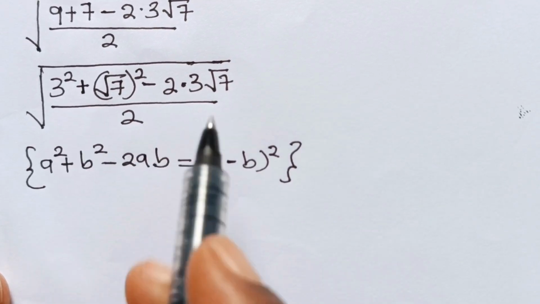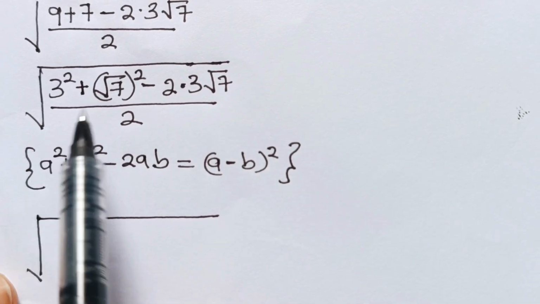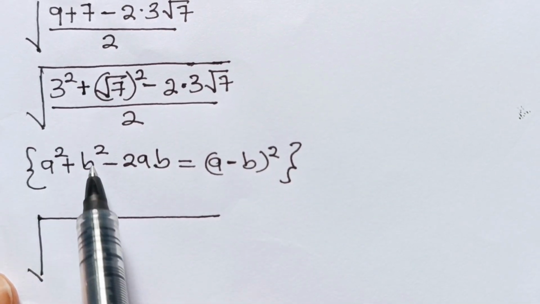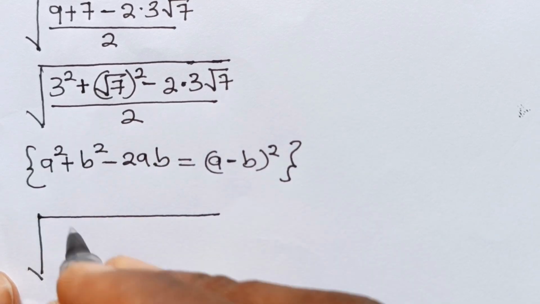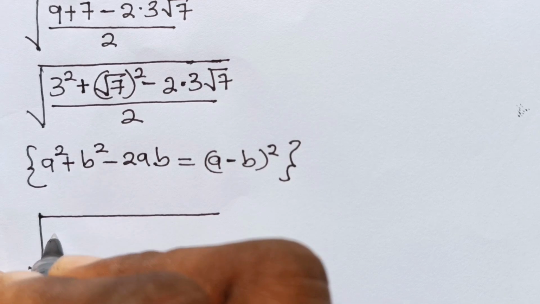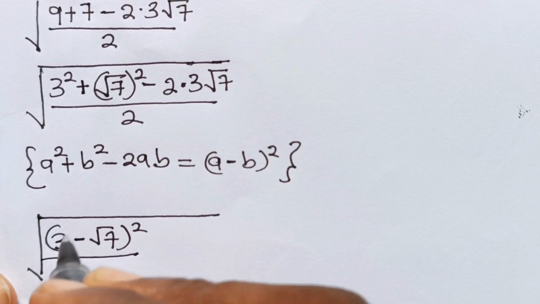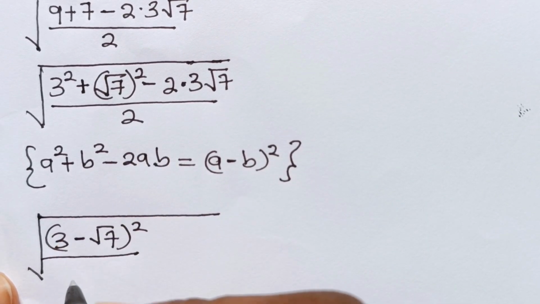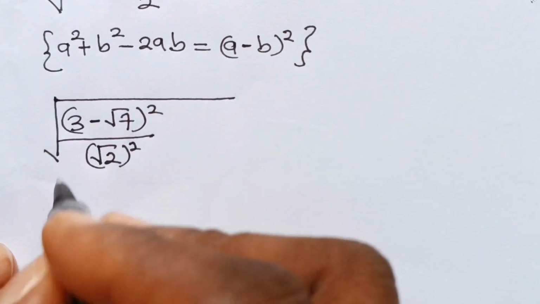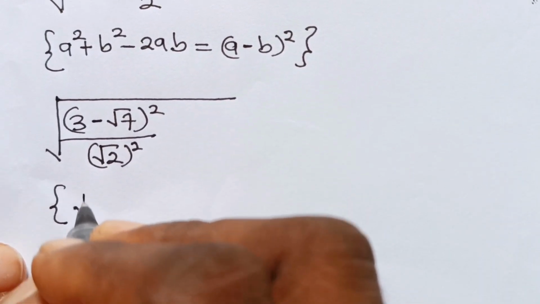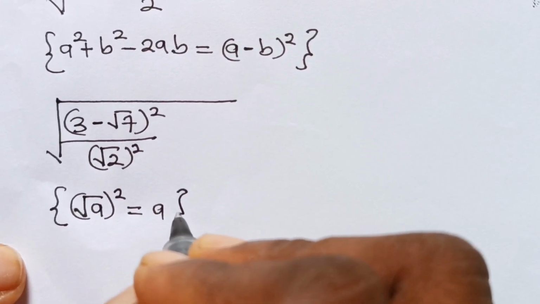Therefore, we can write this as the square roots of, you can see that our a is 3 and our b is root 7. Okay, so we can write this as a squared, a minus b, that is 3 minus root 7 squared, divided by, now 2 can be expressed as square root of 2 squared. Okay, that is because remember that square root of a all squared is equal to a.